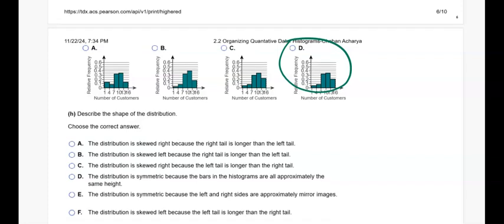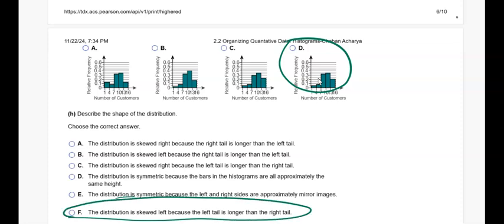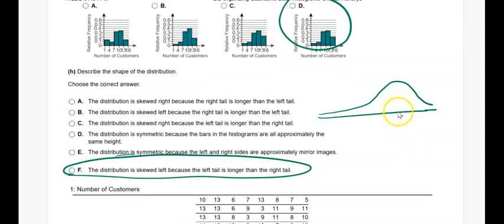That's the next question, part H. So H is going to be, if you look carefully, skewed to the left, because the left tail is longer than the right tail. When you sketch the graph, it's going to look like this. So there are more Saturdays with a higher number of customers waiting for a table at 6 p.m.